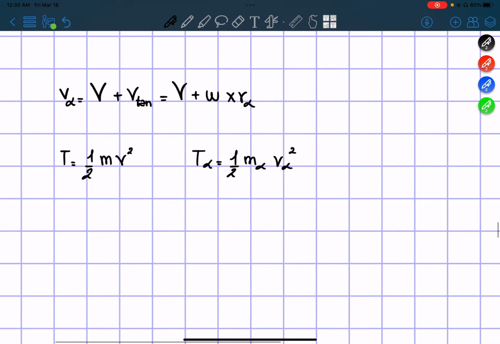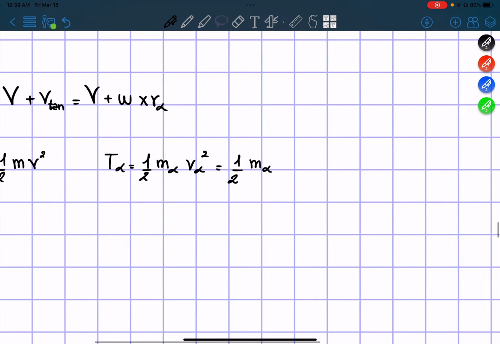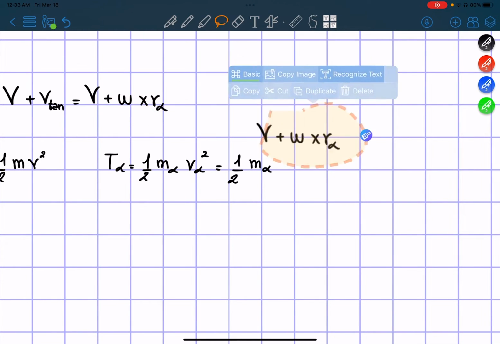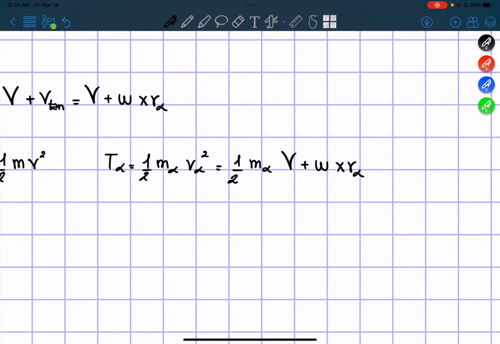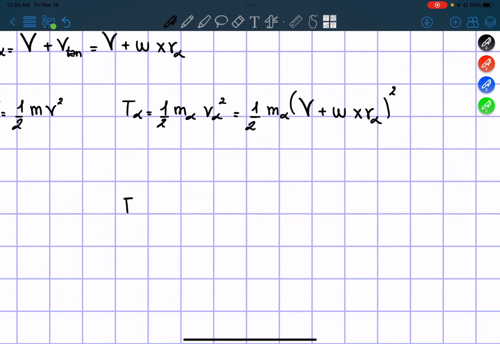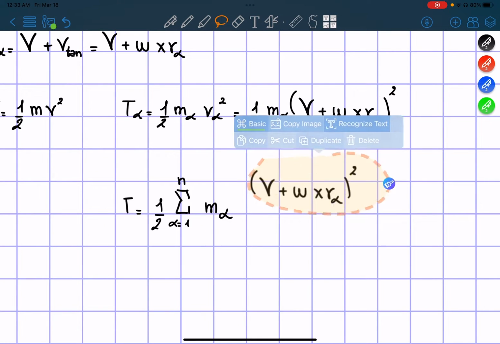So we just substitute it, and we get 1/2 m alpha, and then this part right here squared. And this is for a single point, but we're talking about a series of points. So T total will be equal to 1/2 the sum of our points, alpha equals 1 to n, of m alpha times this part over here.